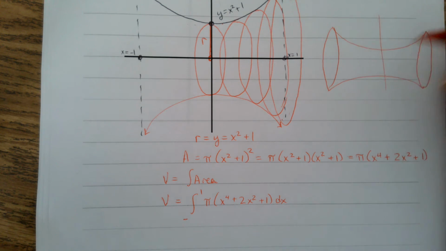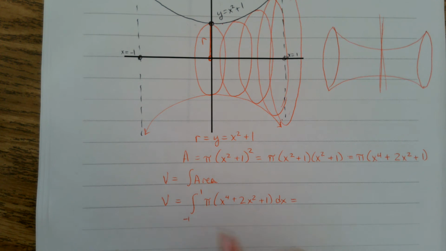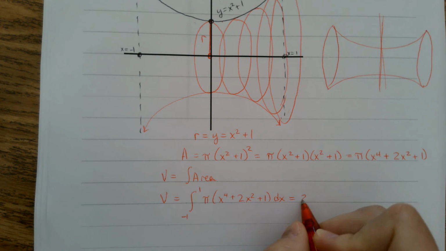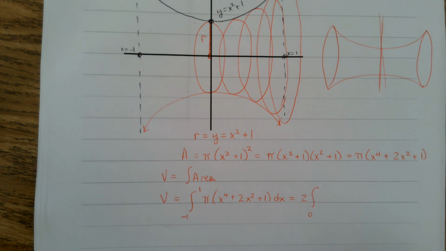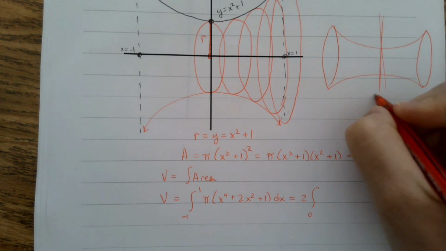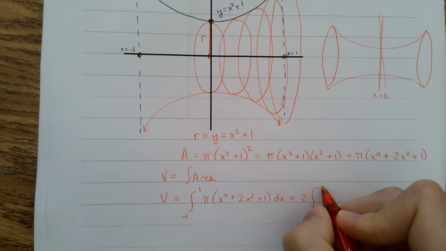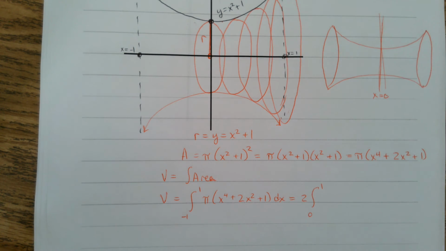or because this is supposed to be perfectly symmetric, you can cut this in half at 0, the origin, and just double half of the integral.